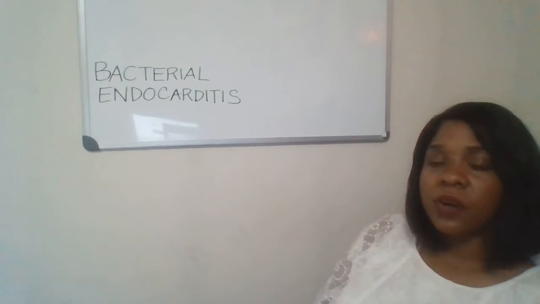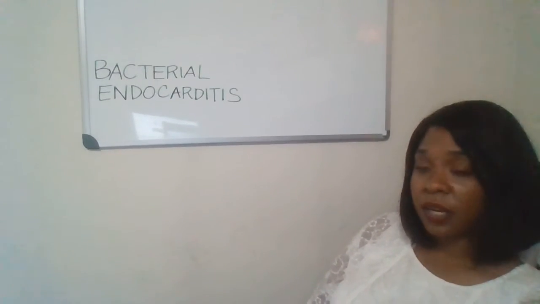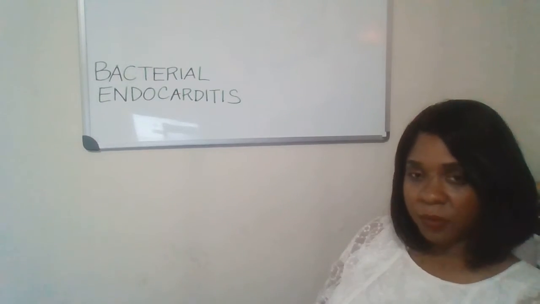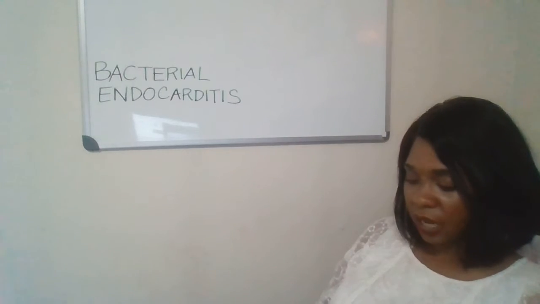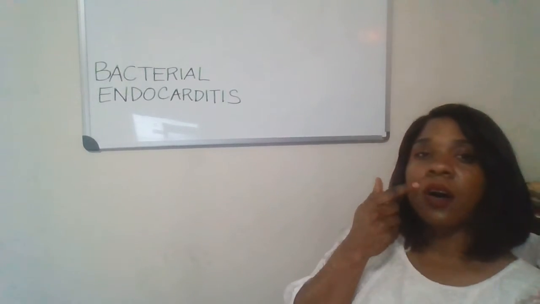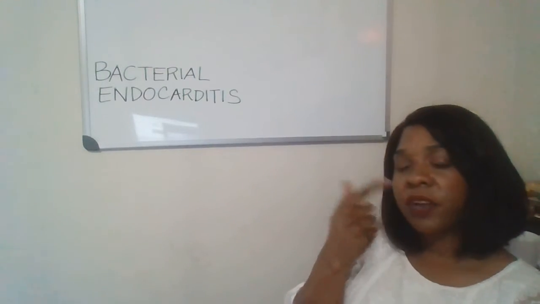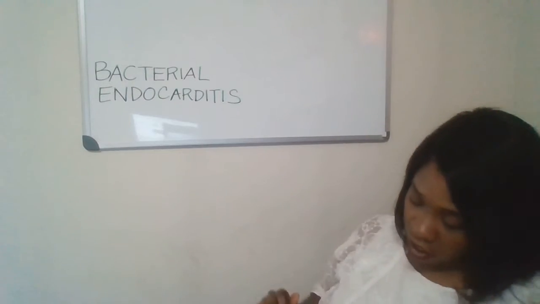So, how will a child present if they have bacterial endocarditis? They're not going to want to eat. They're going to be tired. And a telltale sign is they'll have these little red petechiae on their tongues, and they'll have splinter nails.